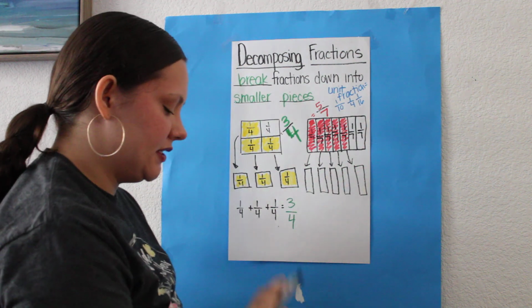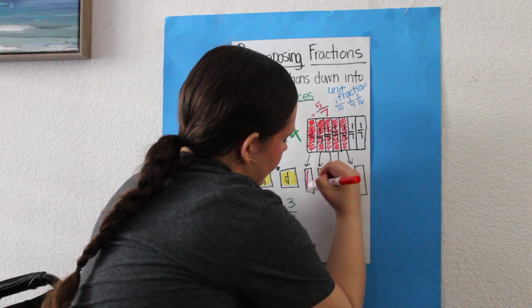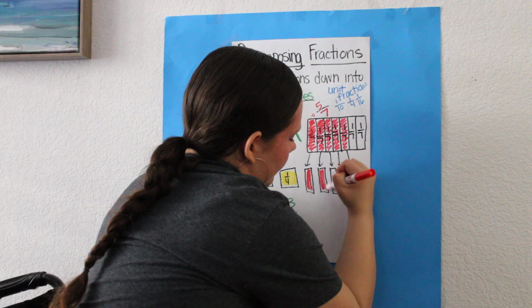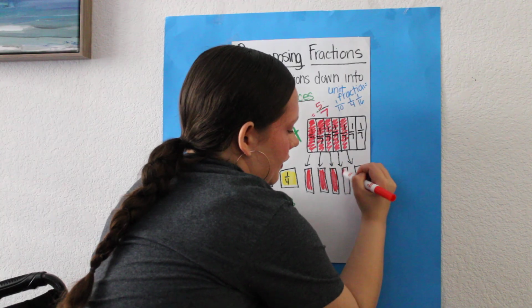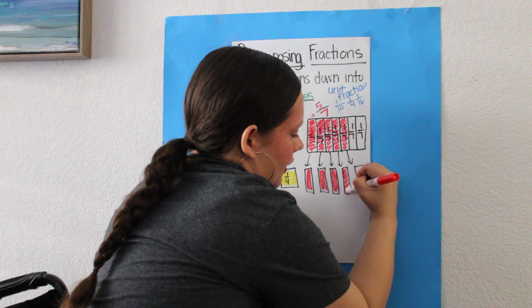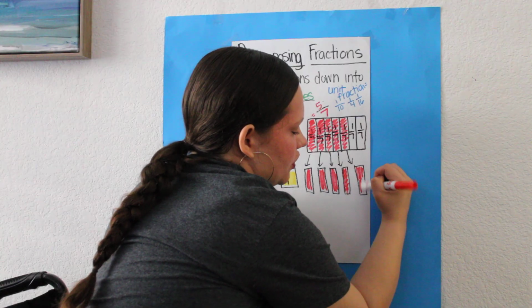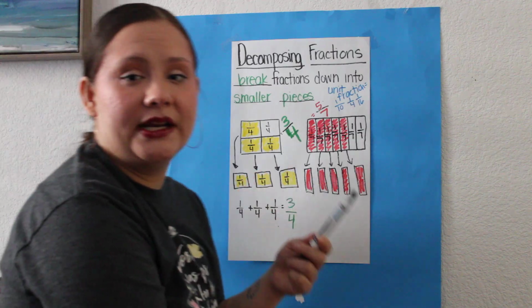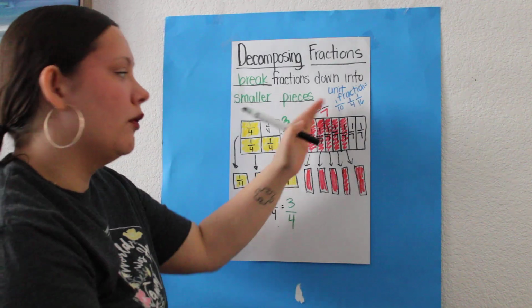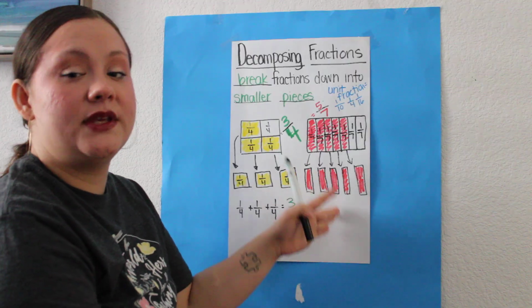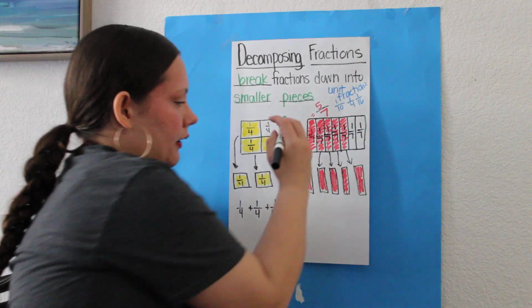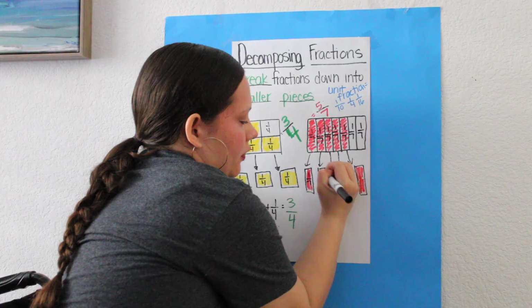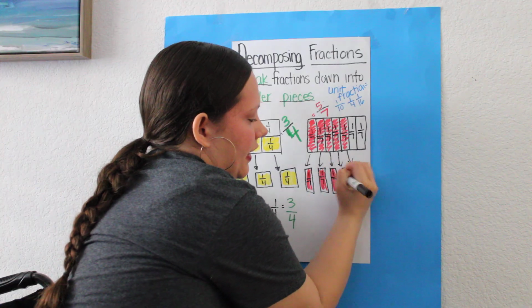Color them in. The reason why I'm making sure to color this in is to remind myself that I'm only working with my shaded in pieces. That's it. I'm not working with the whole model, only the pieces that are shaded in. Each one of these pieces is worth 1/7. I already found that out.